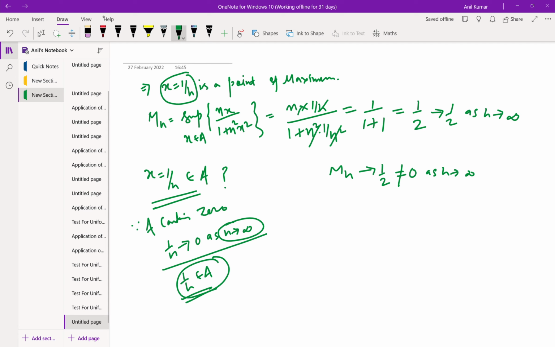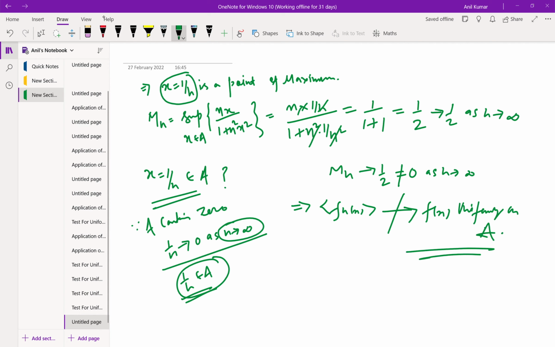So by the mn test, it says that if and only if this tends to 0, so it is a necessary as well as sufficient condition, then this does not tend to 0. This means that the given sequence of functions fn(x) does not converge uniformly on A, okay. So the given sequence of functions does not converge uniformly in any interval containing the point 0, right.